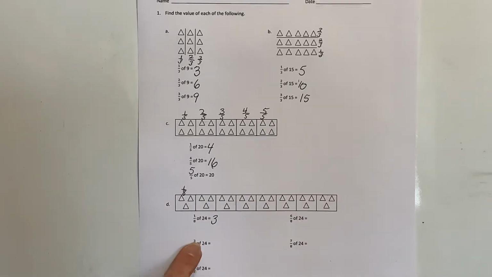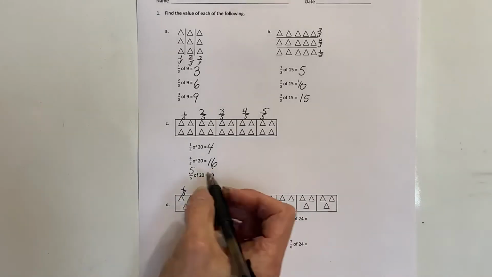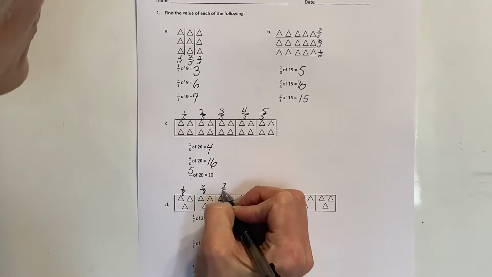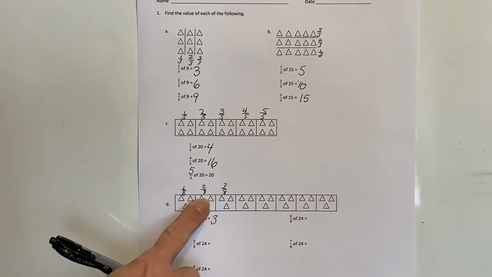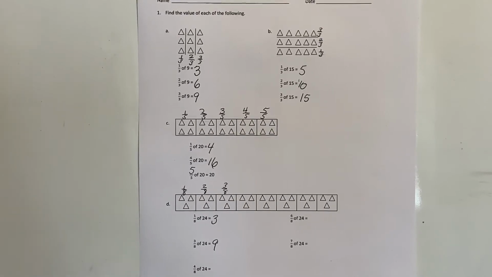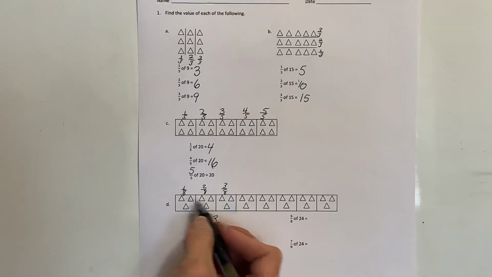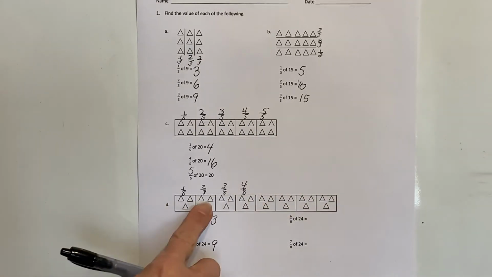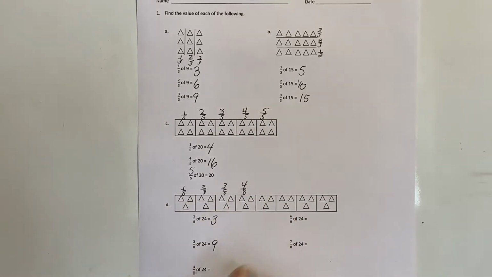All right, so 3/8. Well, this is 2/8. This is 3/8. So I've got 3, 6, 9. So 3/8, 4/8. 3, 6, 9, 12.